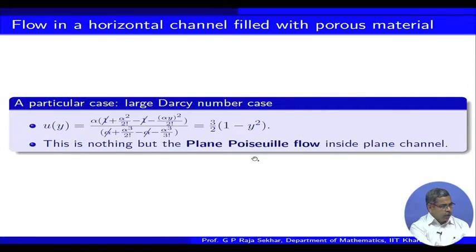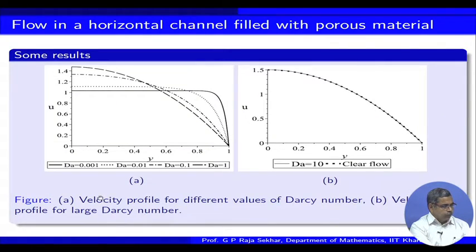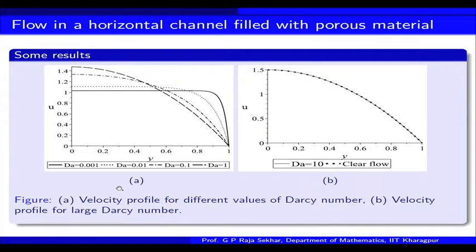Now once we have this asymptotic agreement, we would like to see some results. Because it is non-dimensionalized, the only parameter that controls the solution is the Darcy number. You will see the velocity with the y coordinate. Here the legends indicate the Darcy number.